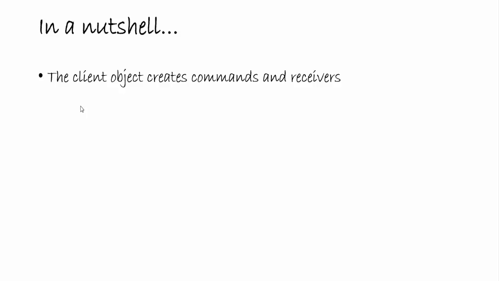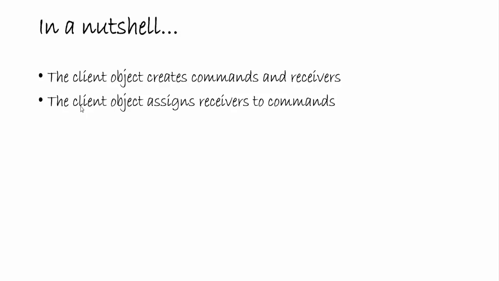So in a nutshell, the client object, instead of sending messages directly to the server object, and now we are talking about object-oriented systems, the client object creates commands and receivers. The receiver is the object that is going to eventually process these commands, but the interaction is not direct.